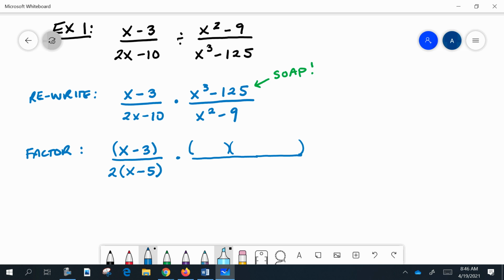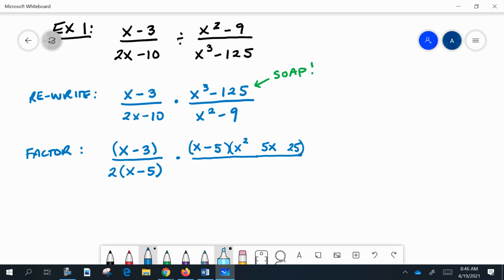This first binomial is the 2 roots. The cube root of x cubed is x, the cube root of 125 is 5, and we put the same sign in between. In the trinomial, we take our first root x and we square it. In the middle of the trinomial, we take the 2 roots, 5 and x, and multiply them. For the last term of the trinomial, we take the 5 and square it.